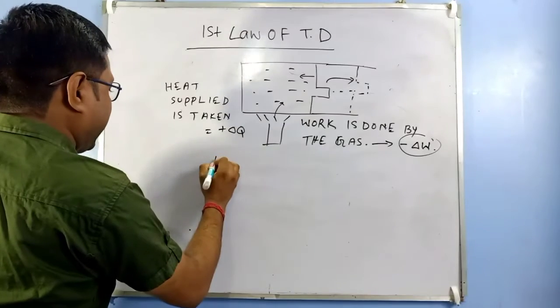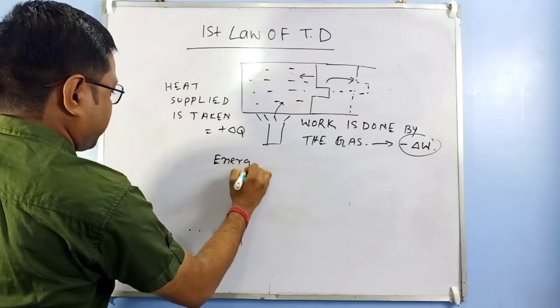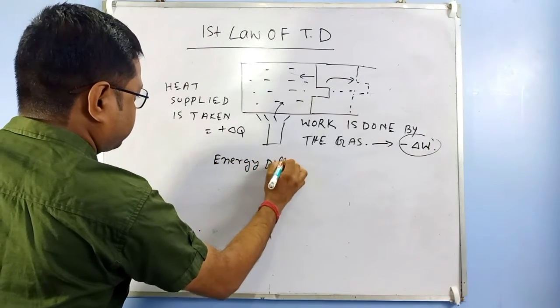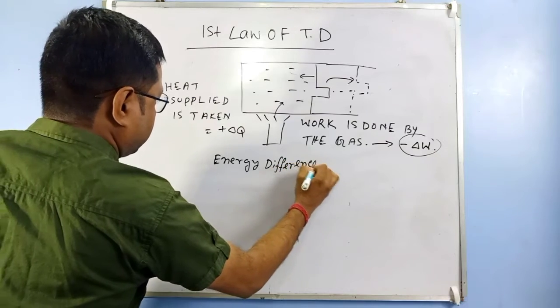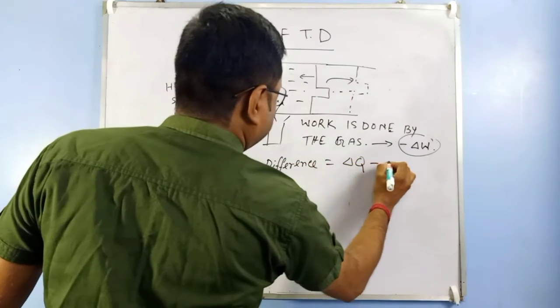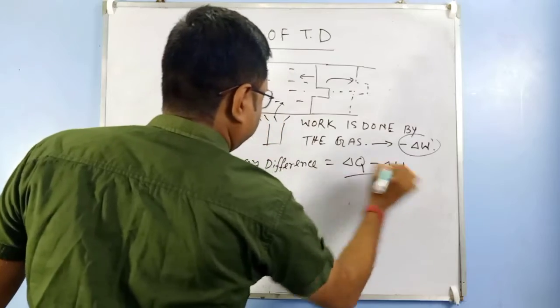So, what is the energy difference? Energy difference is equal to delta Q minus delta W.